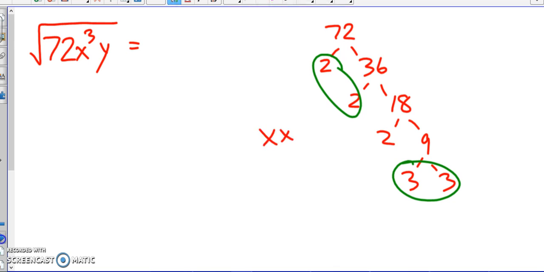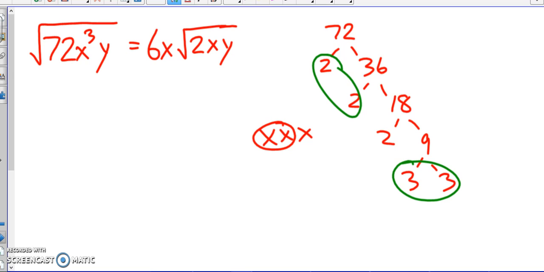Your x cubed, so you've got an x with an x left over, and then your y, there's not much to do with that. So I've got the 6 and the x, so this would be 6x square root of 2x, y. Because that y has got to stay in there.